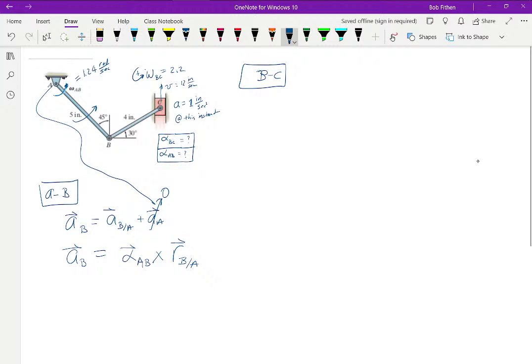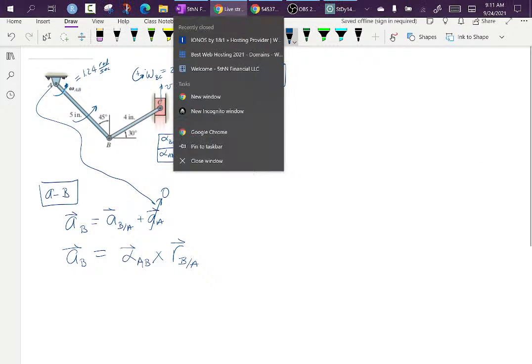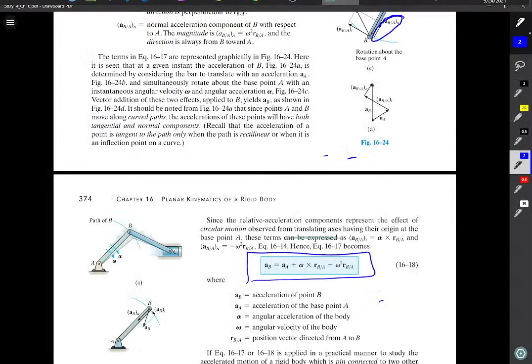The fact that it's spinning means that this point has a centrifugal component. If you go back and look, there's your centrifugal component.